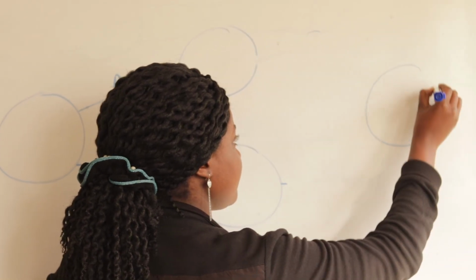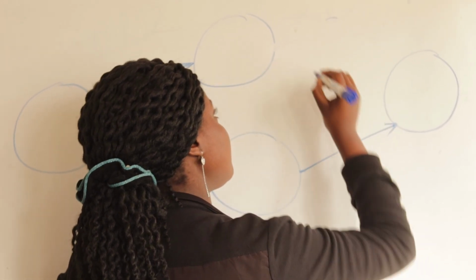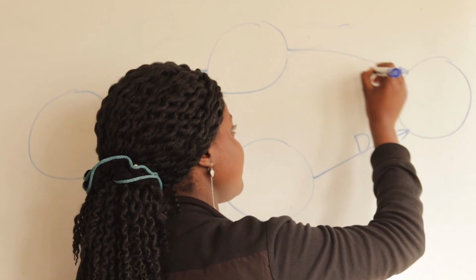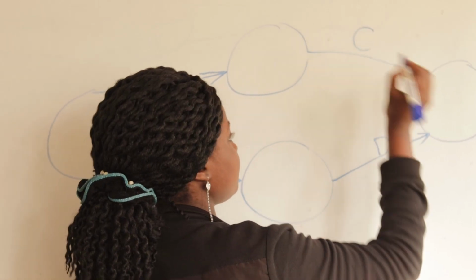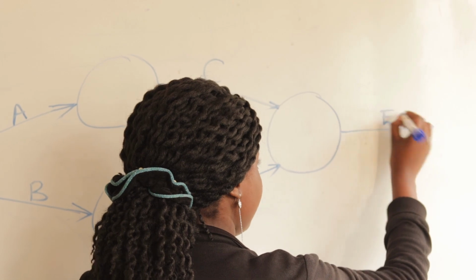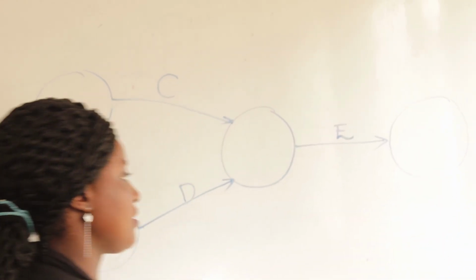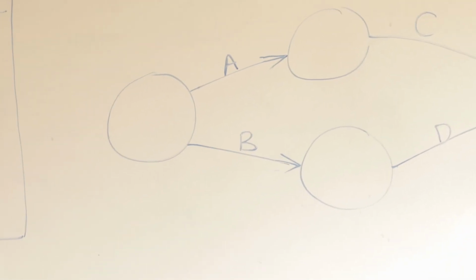I'll have a node here, then this is activity D, this is activity C, then we have E. Yes, now we've finished drawing our network diagram.